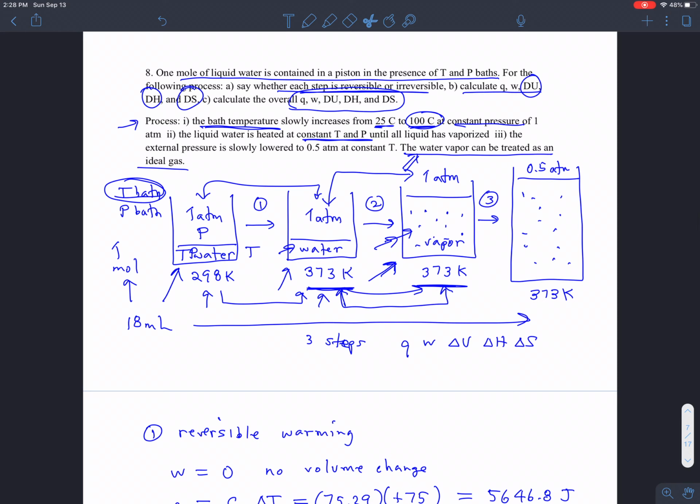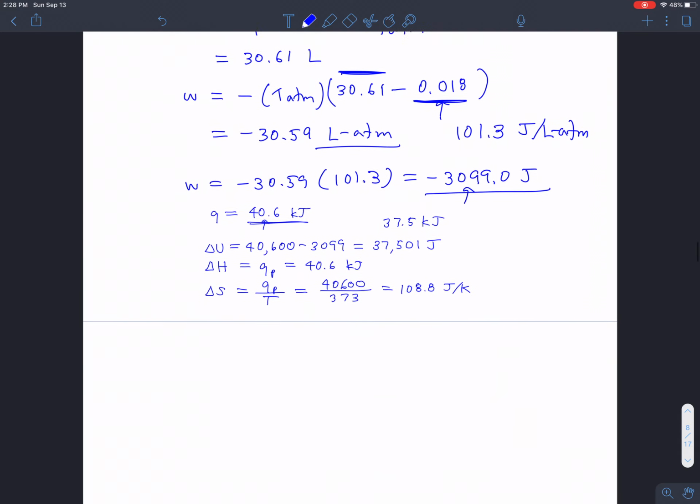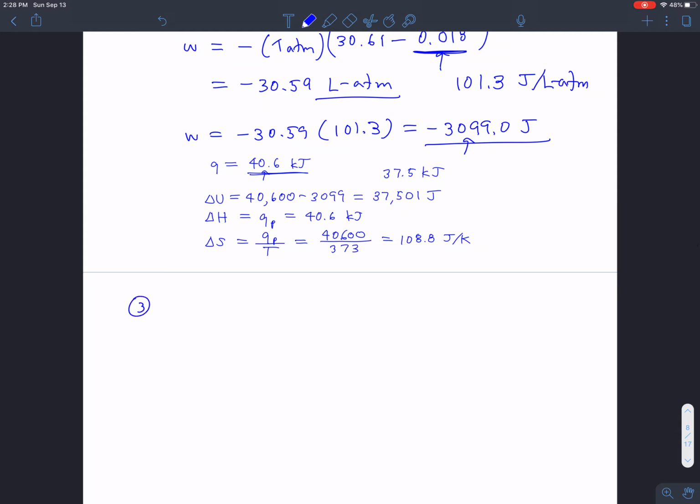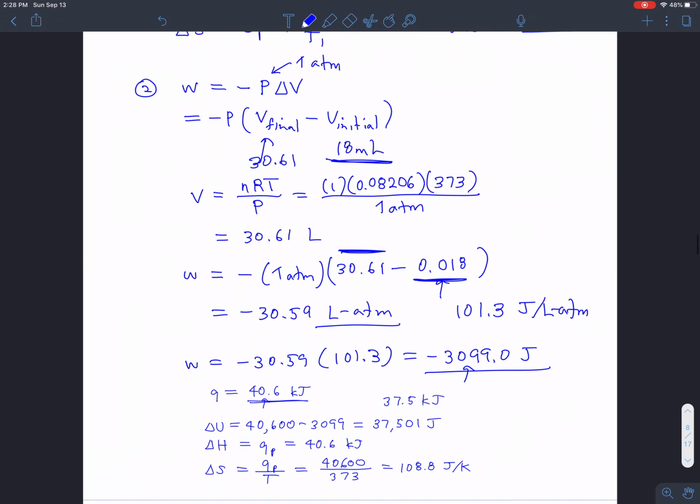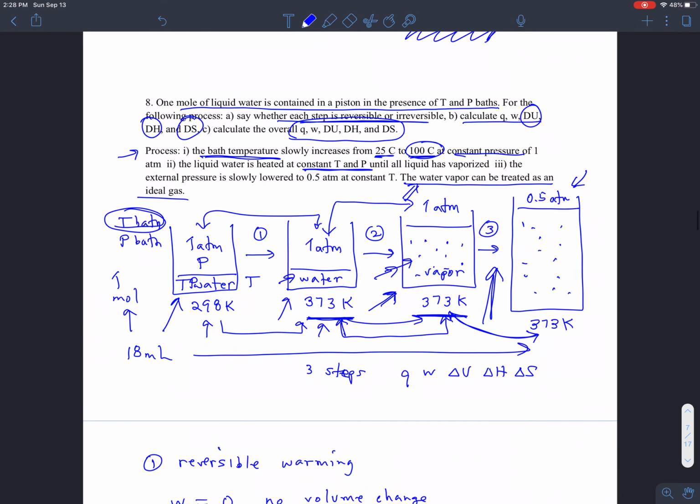Step 3 is just lowering the pressure to 0.5 atmospheres, keeping the temperature constant. And so for step 3, we have the work is going to be equal to, pressure is changing, temperature is not changing.